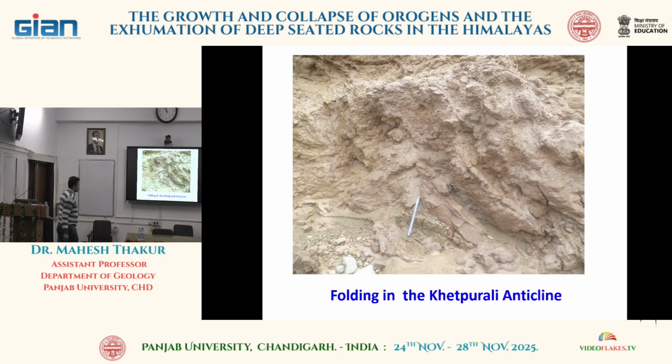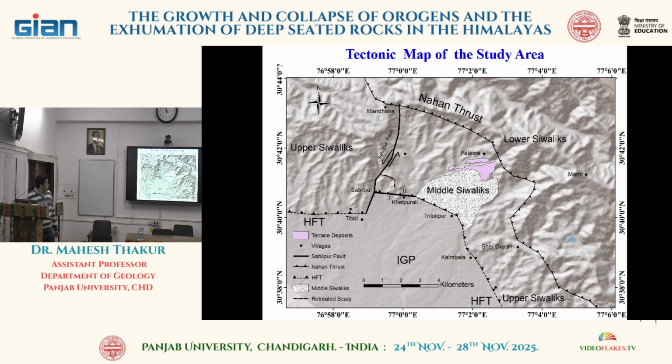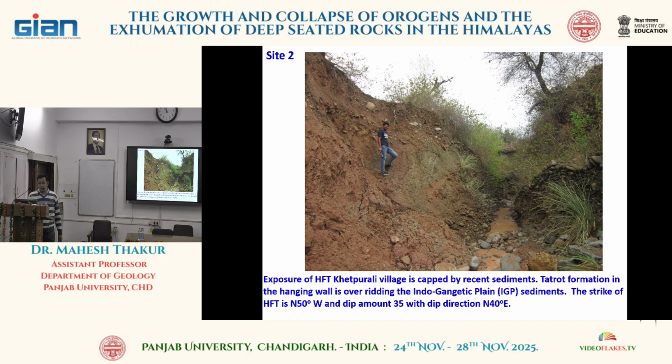Very small. You can see this folding here. These different deformational structures we find are kind of shear sense indicators along the fault boundary. And this is an anticline which has retreated back because of erosion.